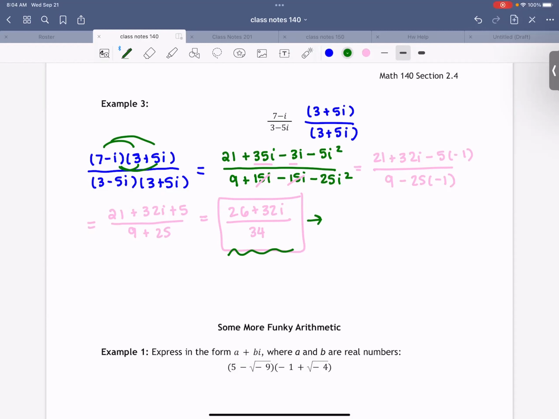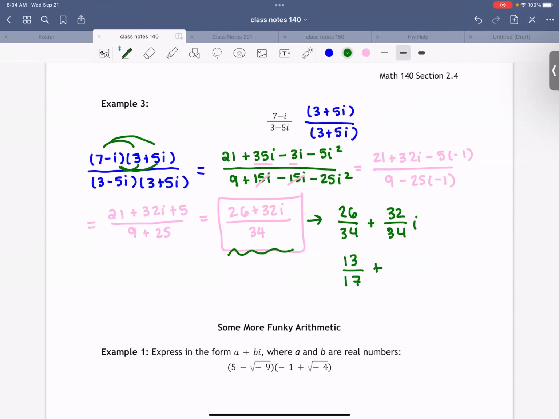I think what it wants you to do is first split up the number. So you're going to split this up into 26 over 34 plus 32 over 34i. Even if you type that in, it'll get it wrong because these fractions aren't simplified. So 26 over 34, they're both divisible by 2, so that would be 13 over 17.